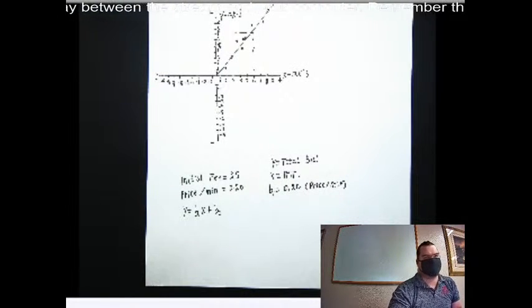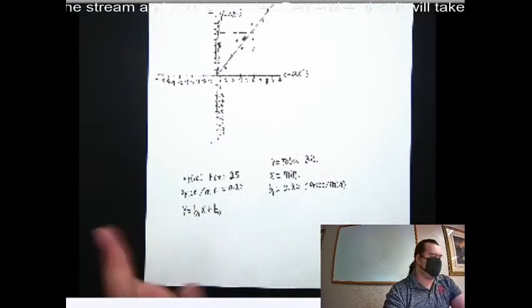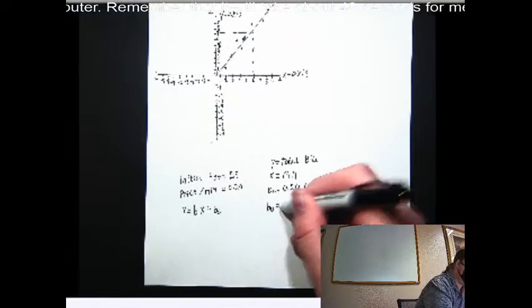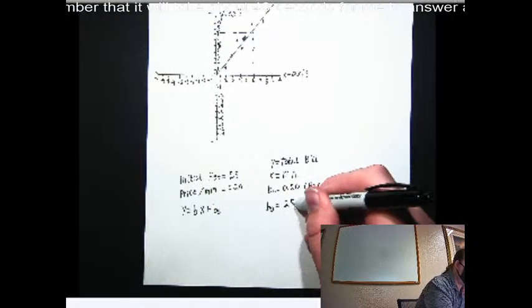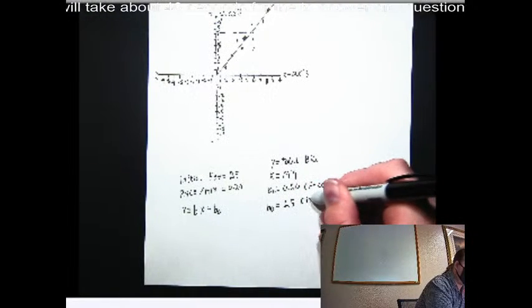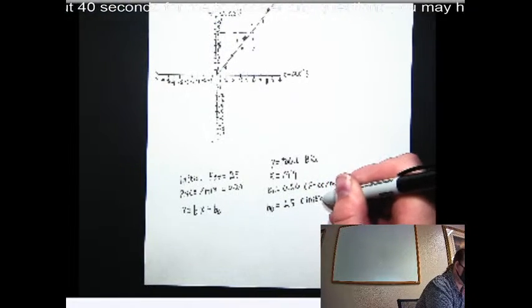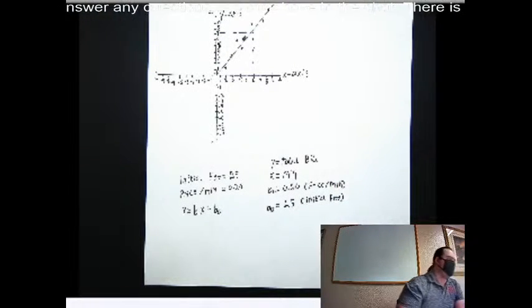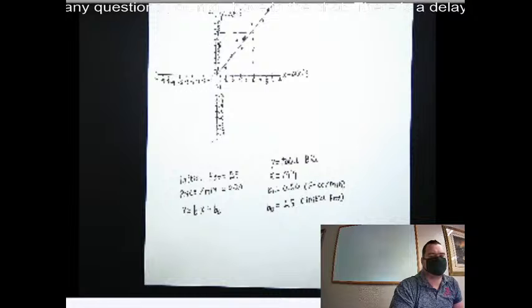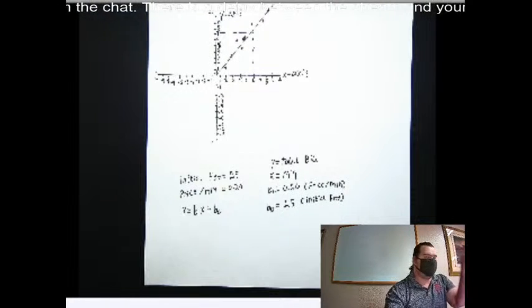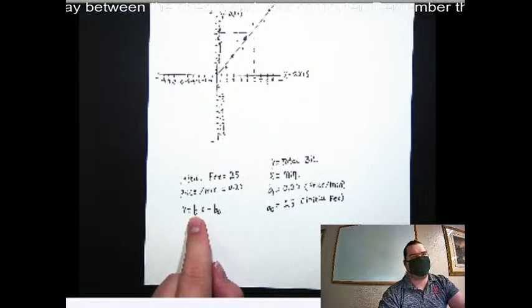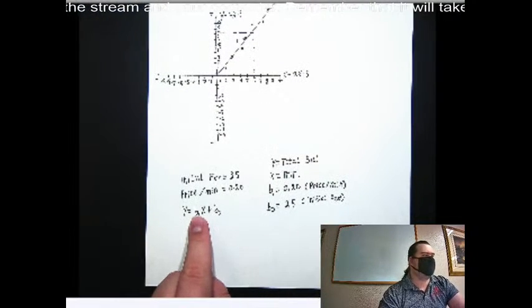Which leaves us b sub 0, which is the initial fee. You can imagine if we didn't use the phone at all one month, that means we have 0 minutes. 0 times b sub 1, anything times 0 is 0.